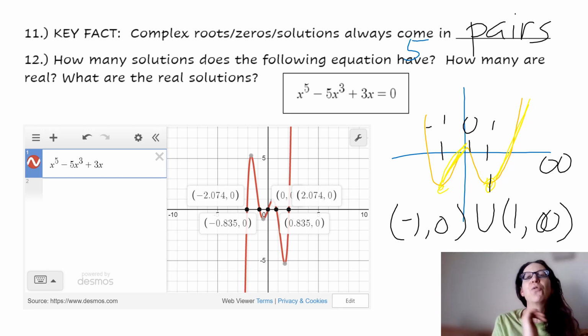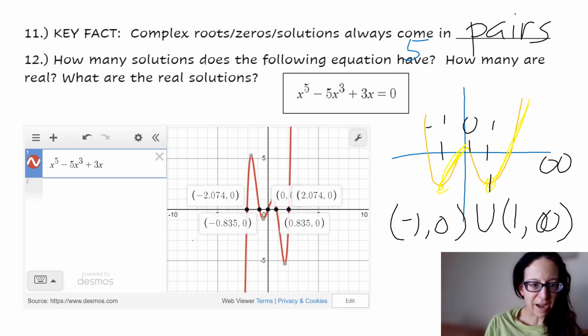Here's the deal. You will be able to see the real solutions because they will show up as x-intercepts on the graph. So let's go ahead and turn off my pen. It doesn't want me to turn it off.